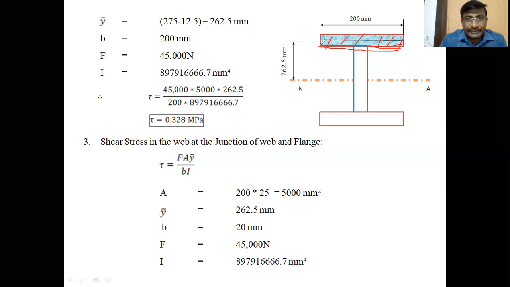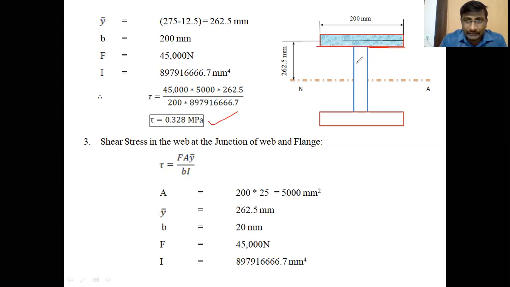The remaining are the shear force, B, the breadth of the layer considered at which we are going to find the shear stress, and I, the moment of inertia about the neutral axis. Clear, students? This is the value of shear stress in the flange at this particular junction.